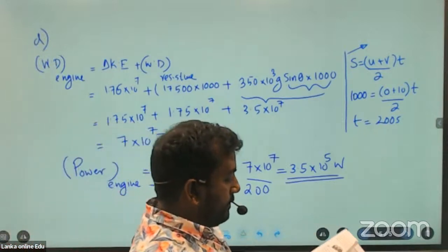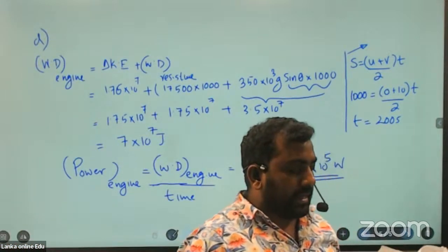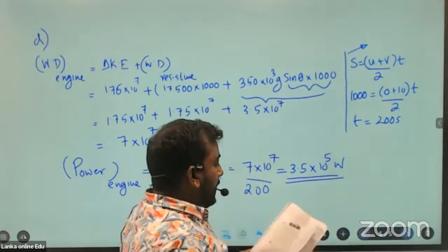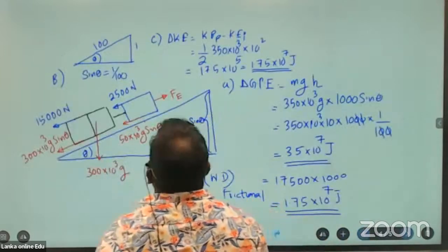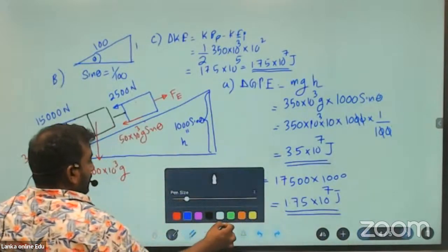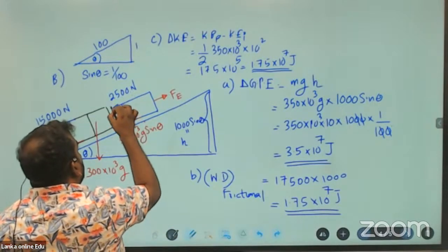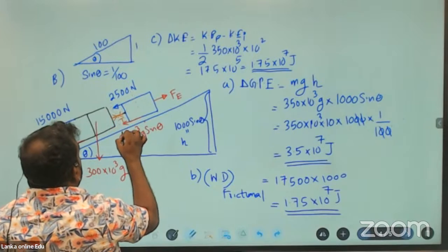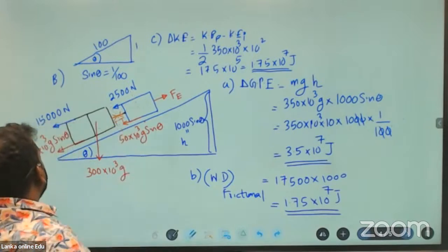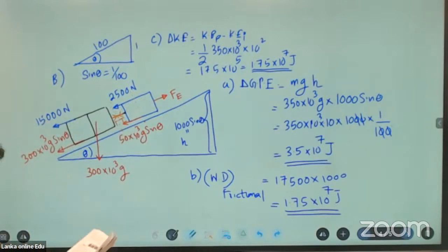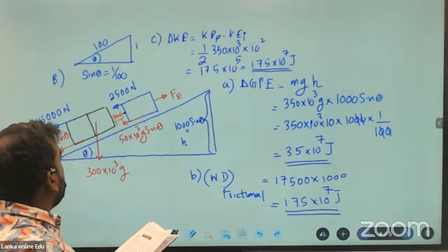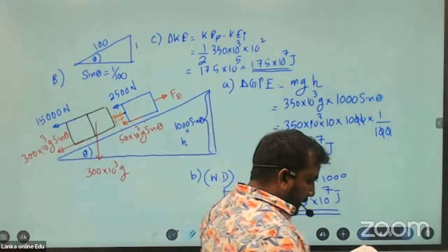Part E. Force exerted on the compartment by the engine. Here you can mark the tension. That means they are finding the tension in the cable.